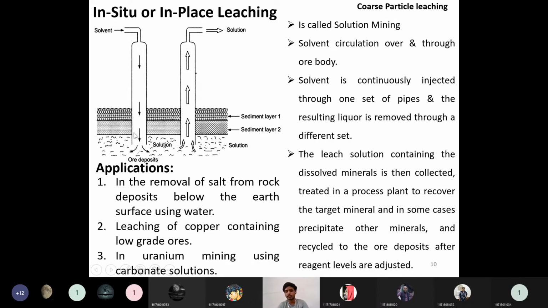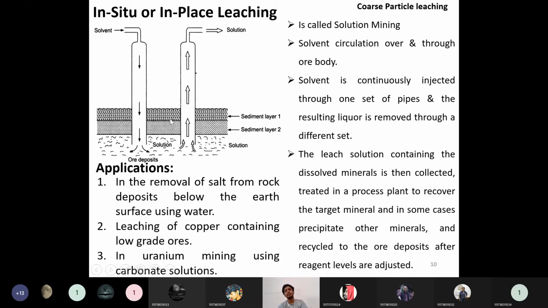One set of pipes is for solvent injection and another set of pipes is for solution extraction. Here the solvent means a pure solvent, like a cyanide solution in gold extraction, if these deposits are very low grade gold. The cyanide solution goes inside and is circulated throughout the mining operation.